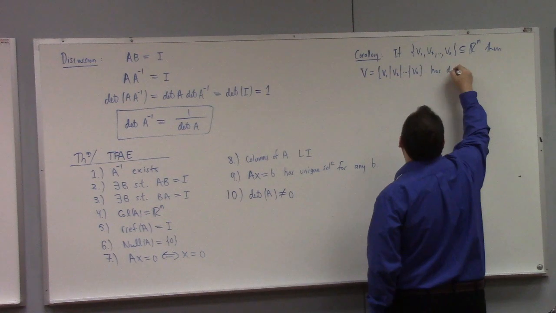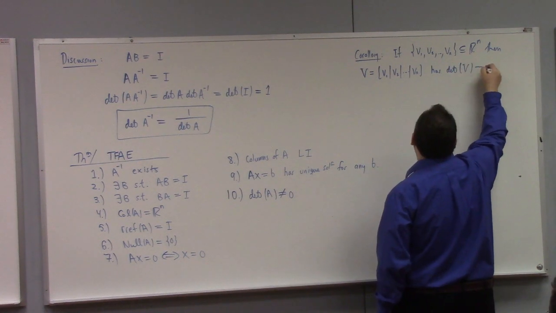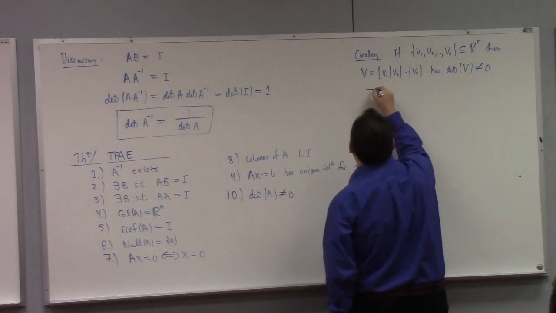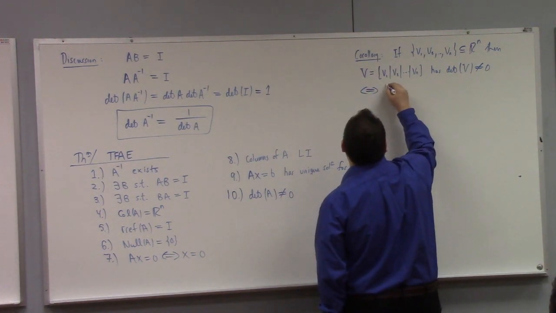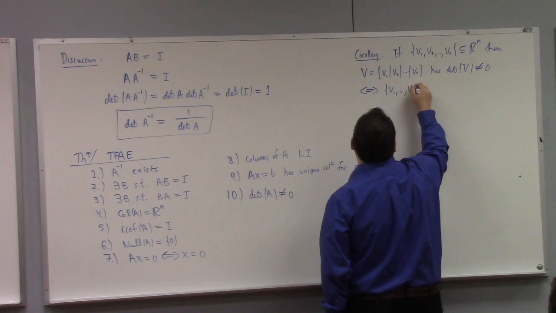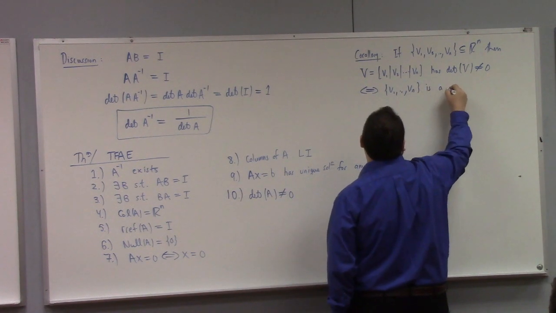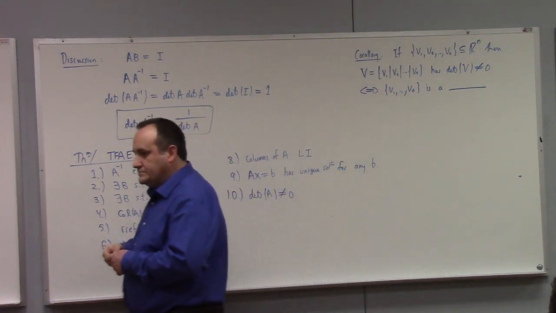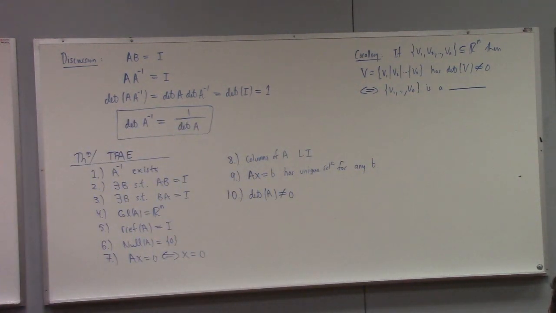Has the determinant of V not equal to 0 if and only if what? The set v1 through vn is a what? Linearly independent set, yeah.